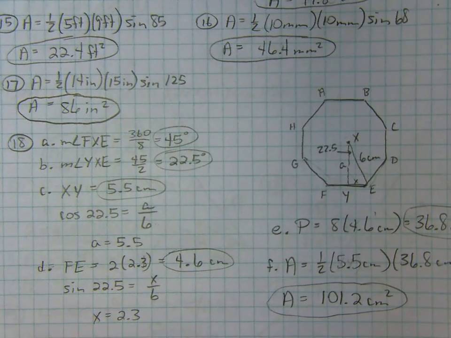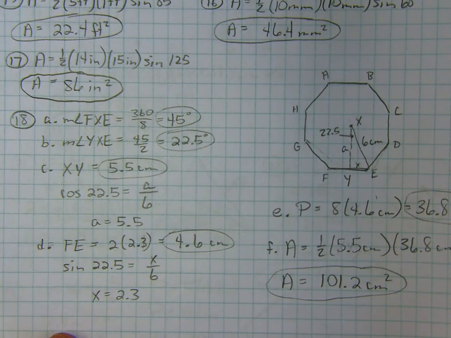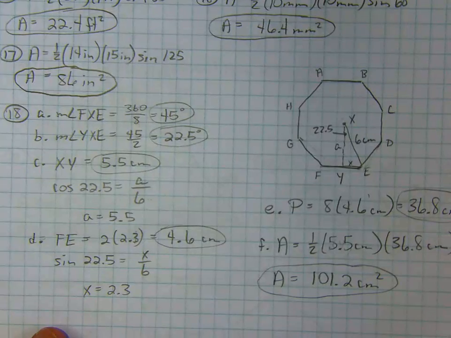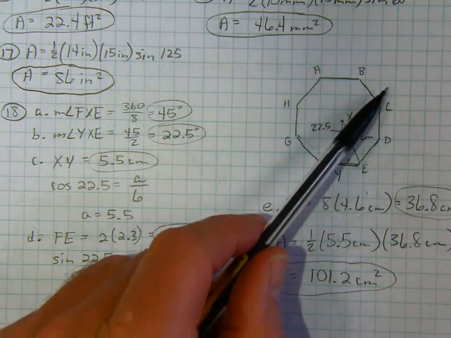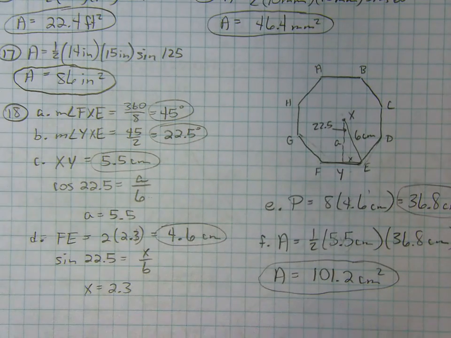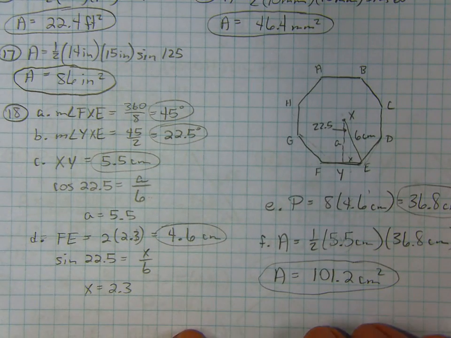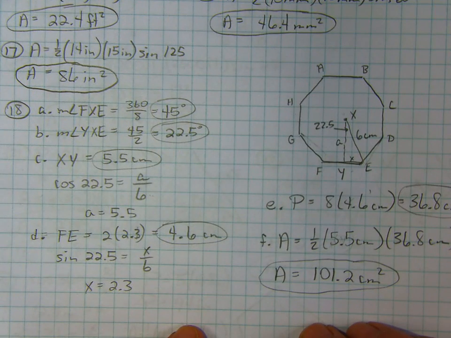Okay. All right, number 18. They just walk us through the whole process. That's all they're doing, showing how you go from one step to the next. For instance, in that picture, which I try to recreate over here, this is an octagon, 1, 2, 3, 4, 5, 6, 7, 8. They first ask for the measure of angle FXE.